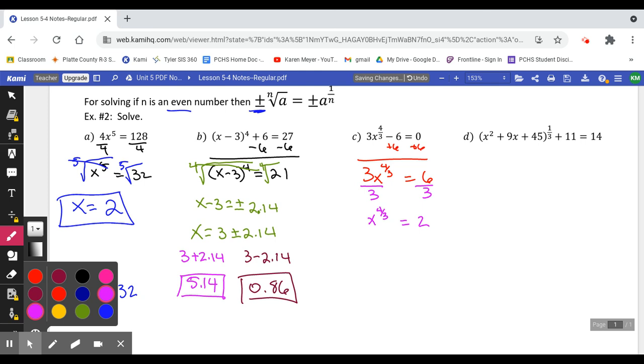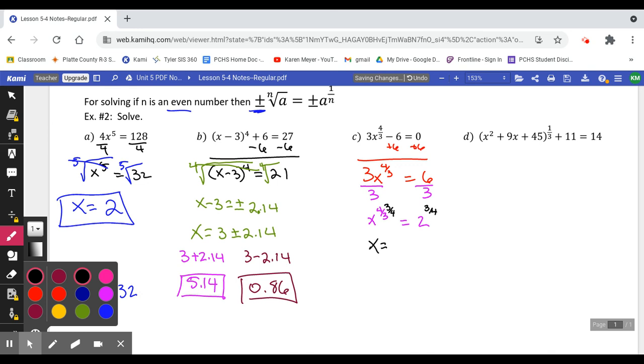Now, to get rid of a fraction power, you must use the reciprocal power. So the reciprocal of 4/3 is 3/4. So make sure you put that power on both sides. Okay, very important, power of 3/4. So over here, they cancel out. You get just x.